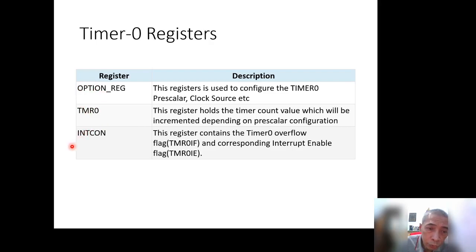If you don't want to use the interrupt, you don't have to use the INTCON register. If you want to use the interrupt, then INTCON is used to read the overflow status and also to configure the enable.